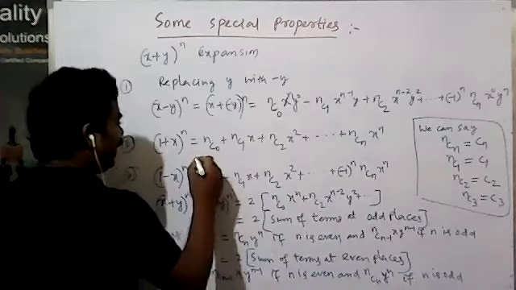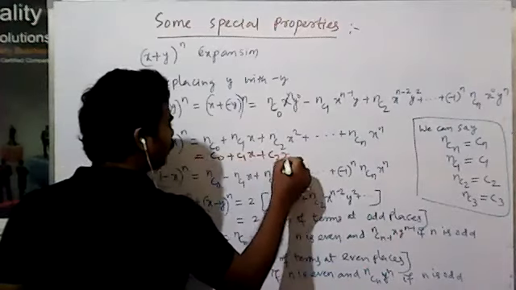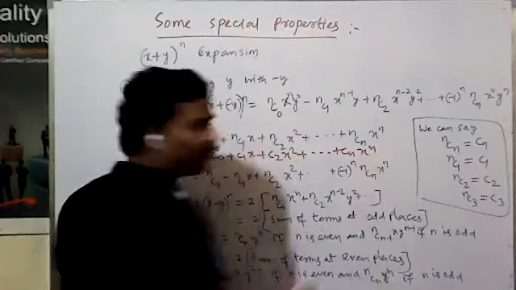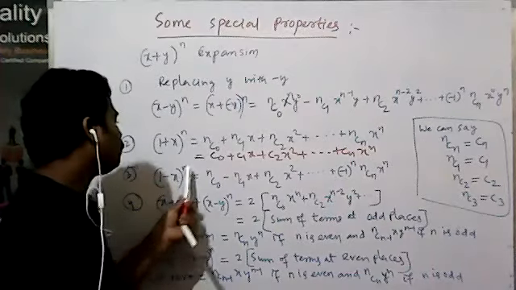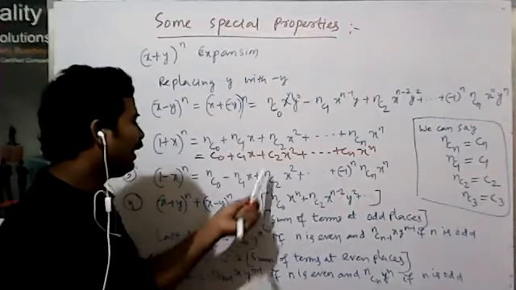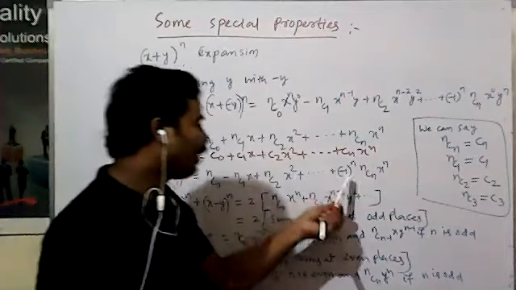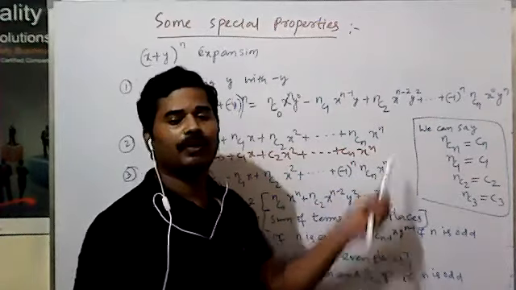Means you can say that is c0, c1x, c2x square plus dot dot dot cnx to the power n. We can write also similarly, 1 minus x to the power n, nc0 minus nc1x, nc2x square plus dot dot dot plus minus 1 to the power n, ncn into x to the power n.